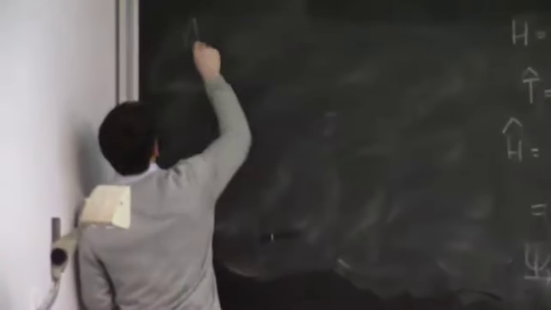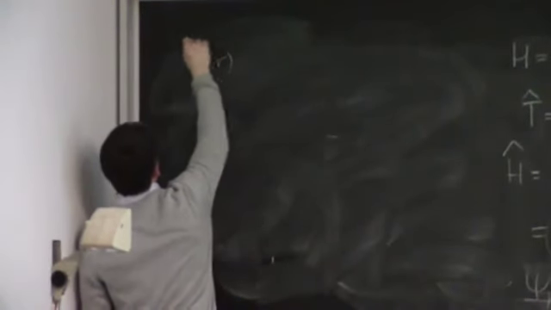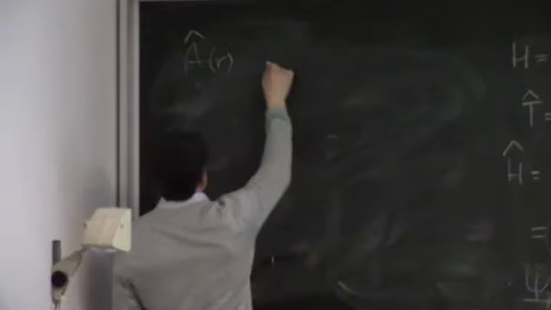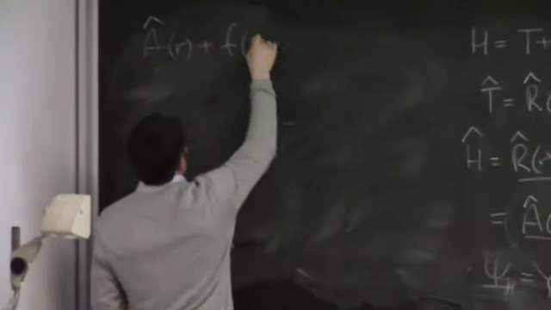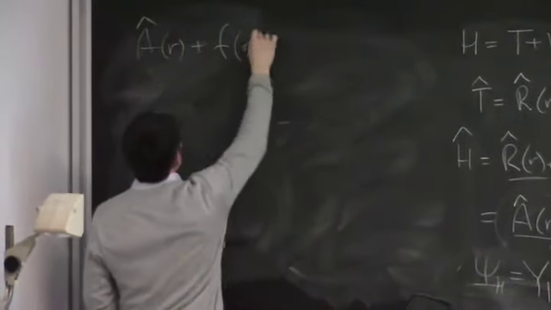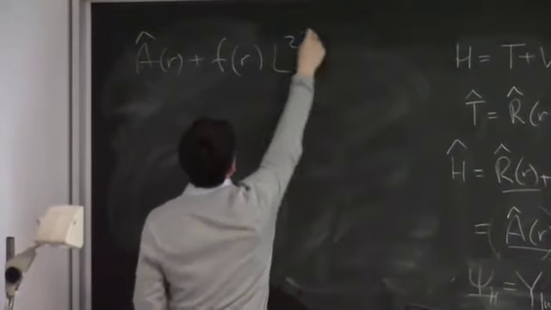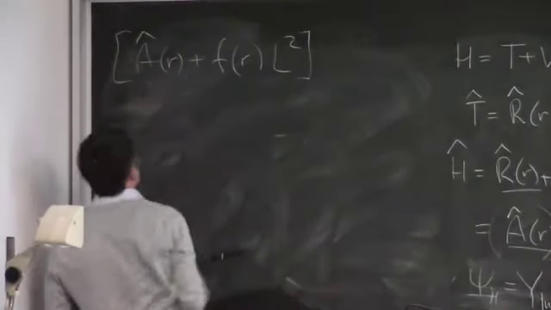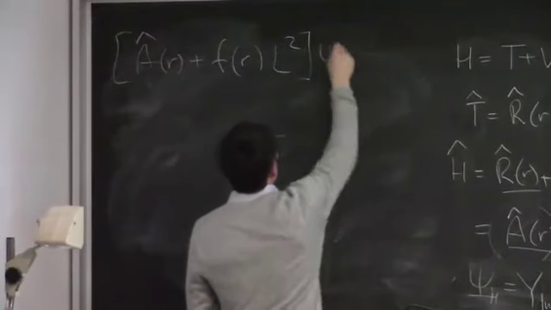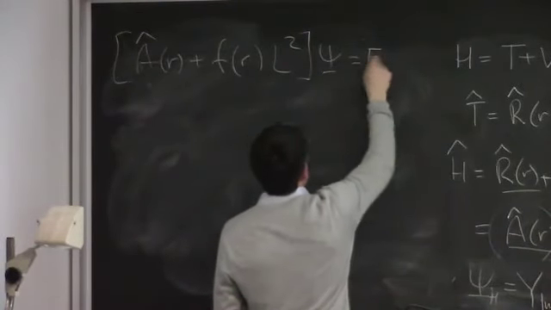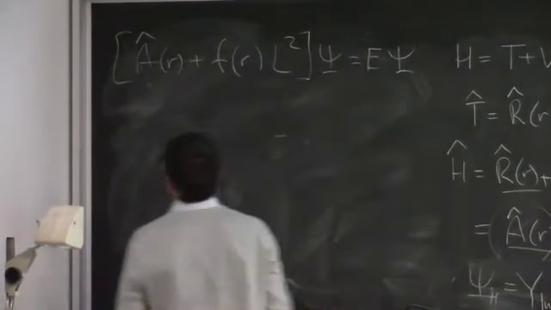So what is this? A radial operator plus a function of r times L squared. This is our hydrogen atom Hamiltonian, and it acts on psi equals E psi, right?